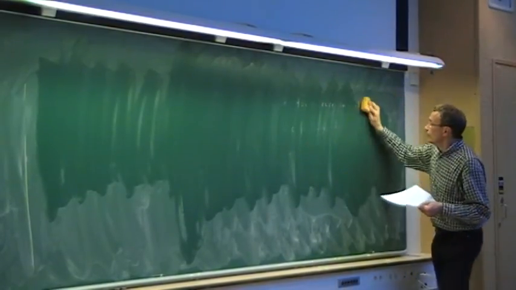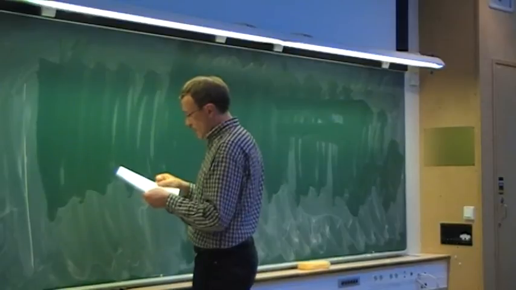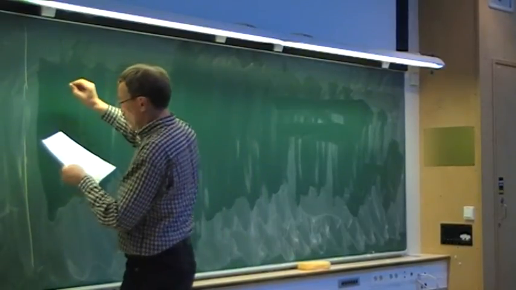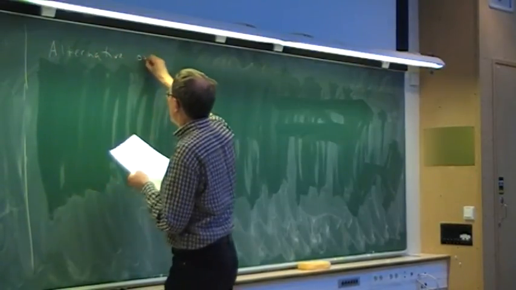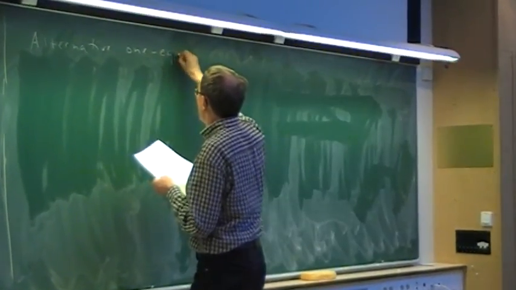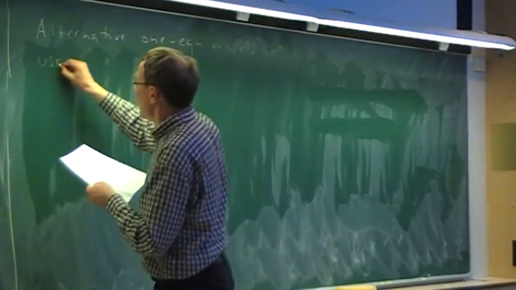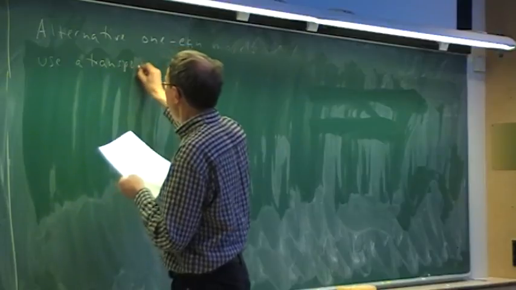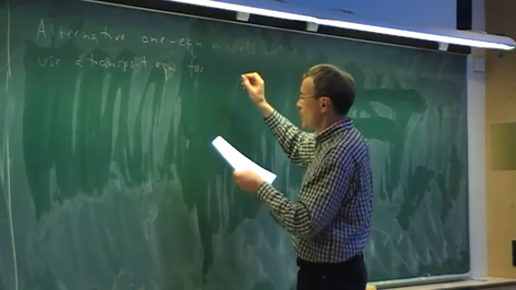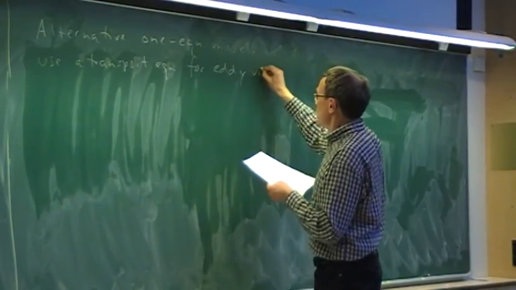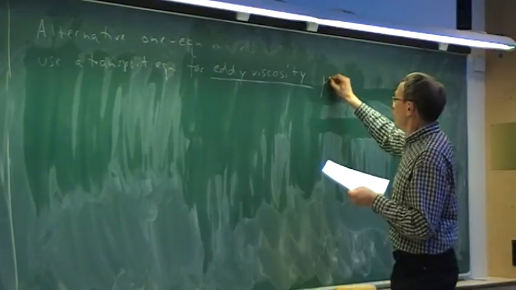So the alternative one equation models use a transport equation for the eddy viscosity, or turbulent viscosity, one uses both names for that, for the mu t.